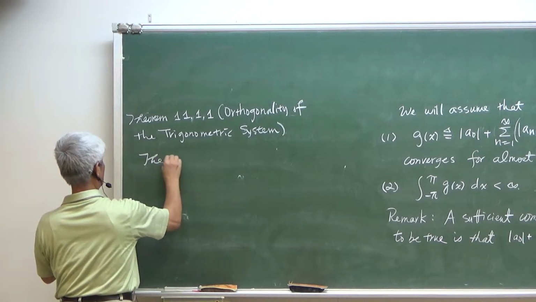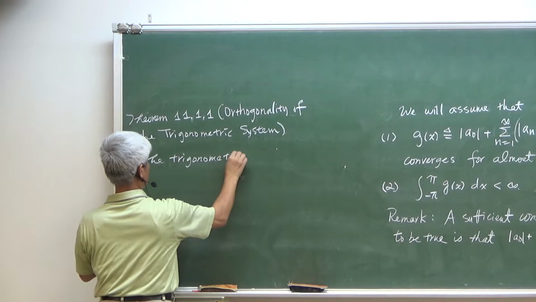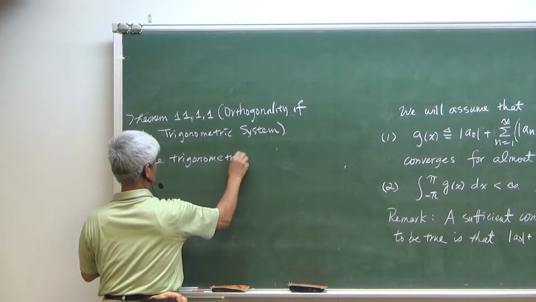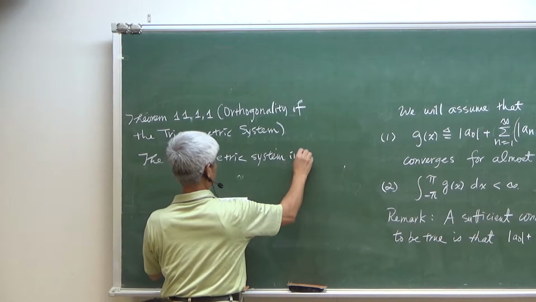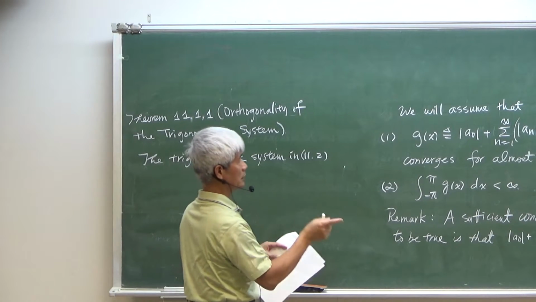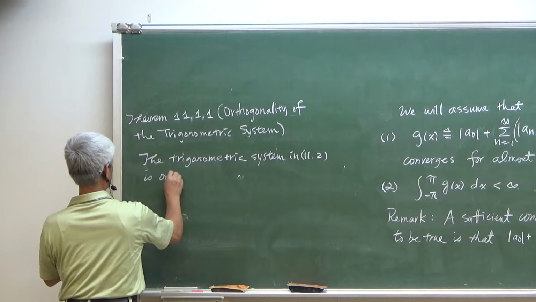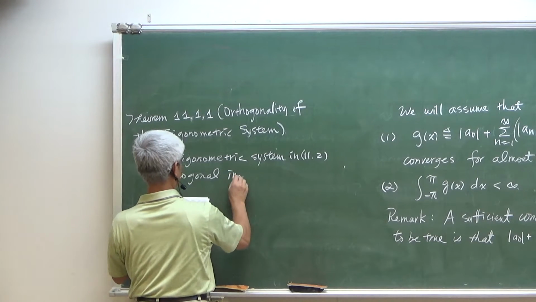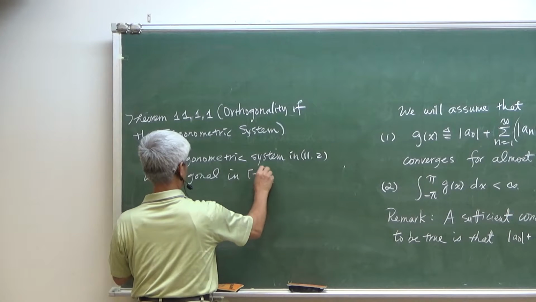Right, so the trigonometric system 1, cosine nx, sine nx is orthogonal over minus pi to pi.